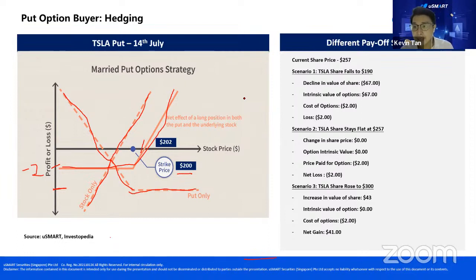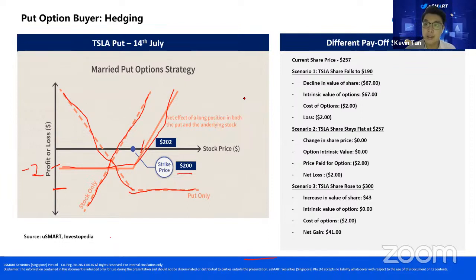Now, the second scenario is, what if Tesla share stays flat at $257? In terms of share price, there's no change. So there's no gain and there's no loss. And in terms of the intrinsic value of the option, now it is $0. Although you buy the right to sell Tesla shares at $200, you will not actually exercise it because the market now is $257.